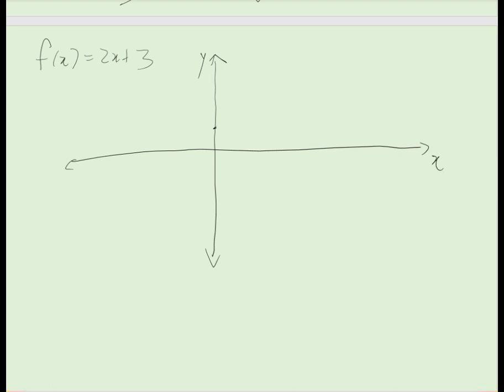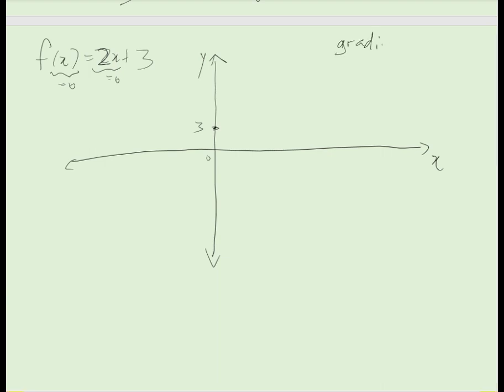Why? Because if x is 0, that term is 0, and then we just have f of 0 is 3. So we know our line is going to cut it here. And what else we know is that our gradient is 2.